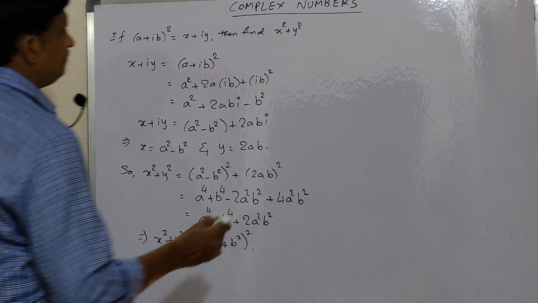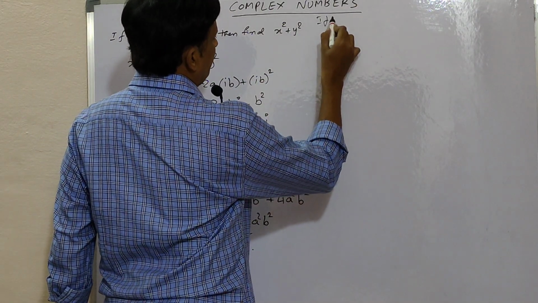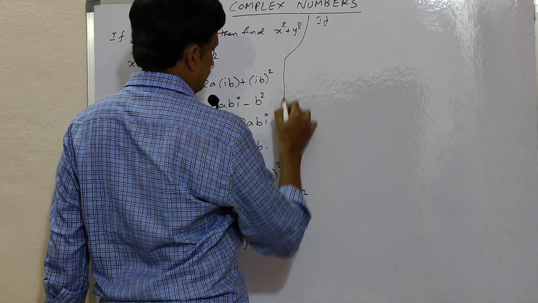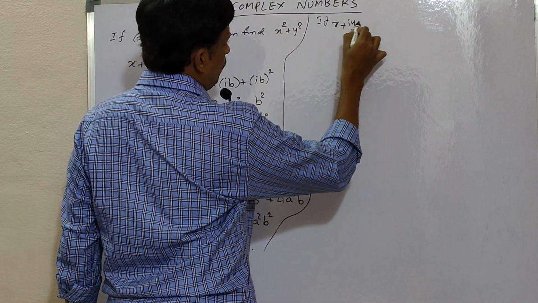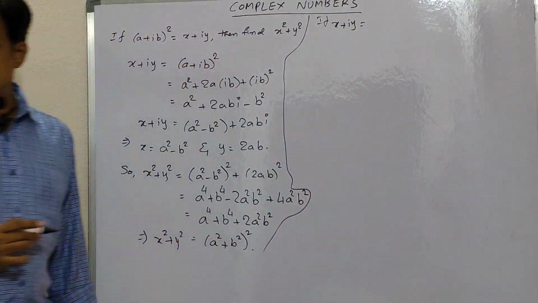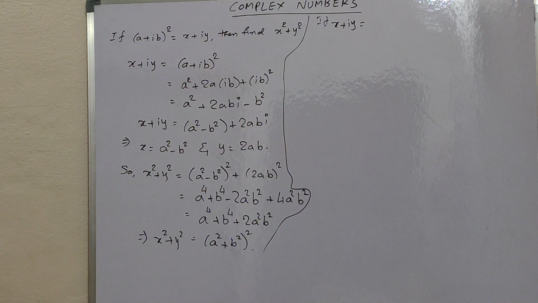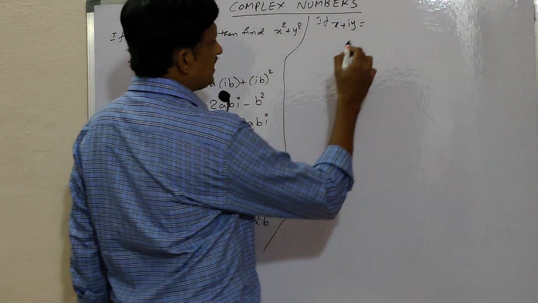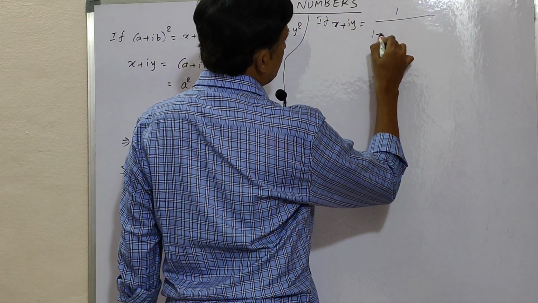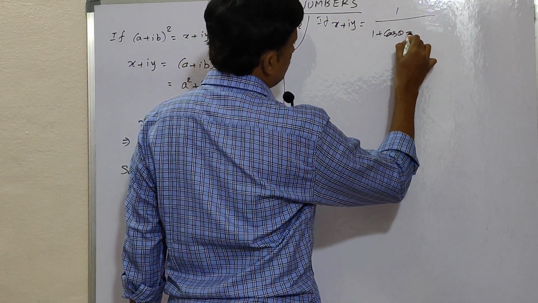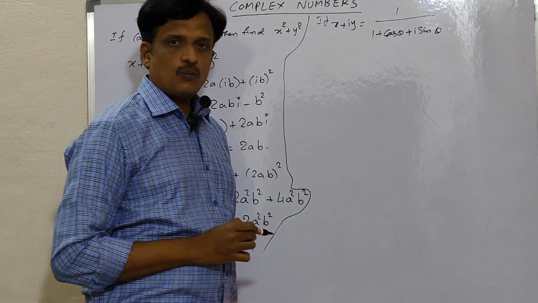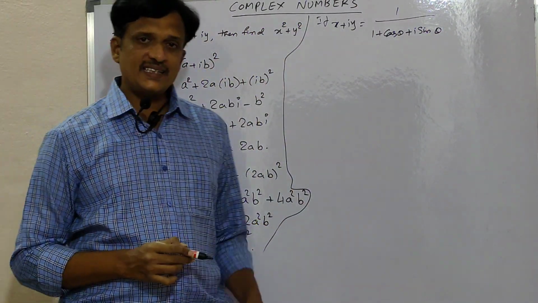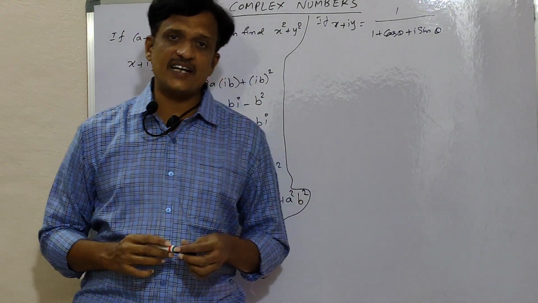Next one is, if x + iy is equal to 1 by (1 + cos theta + i sin theta). 1 by (1 + cos theta + i sin theta) is the given x + iy.